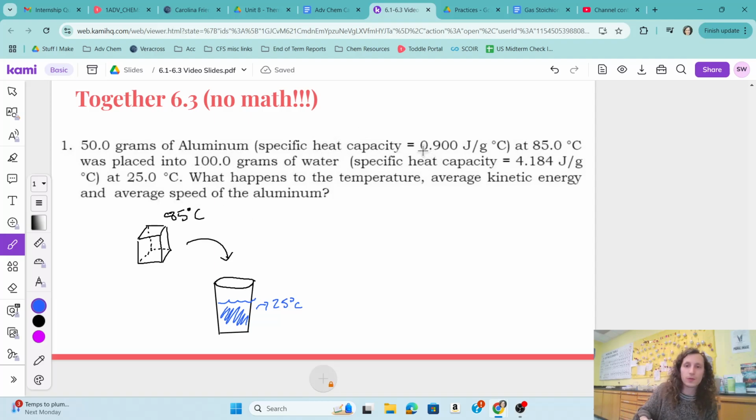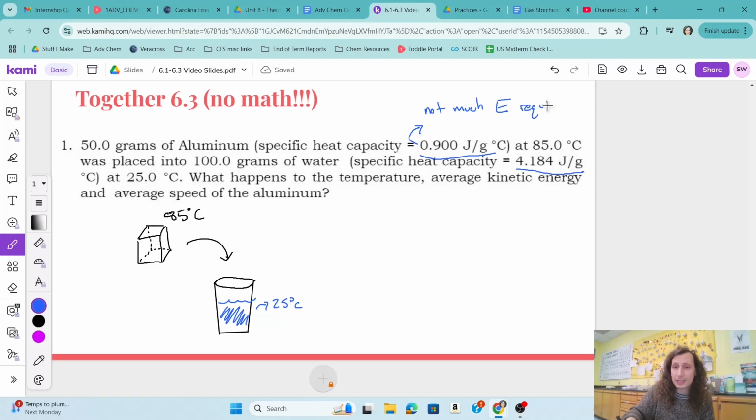Now we're also told these specific heat capacities for each substance. And we'll talk about that a little bit more in our next class, but basically this says how energy efficient is it to heat this thing up. So a low specific heat capacity means not much energy required to change temperature.